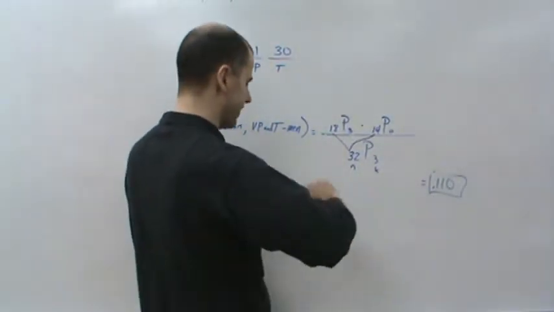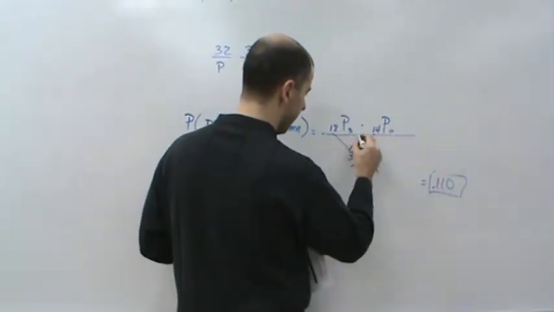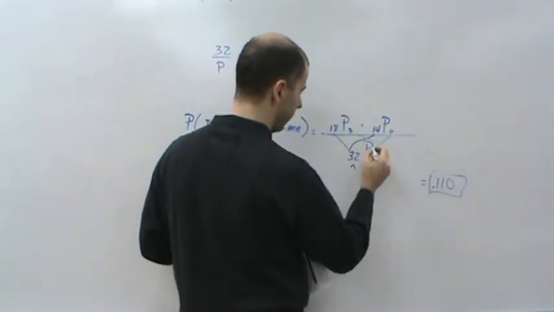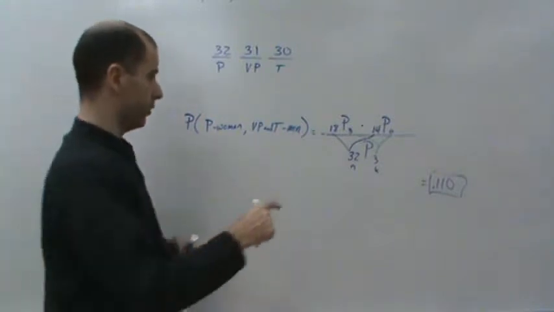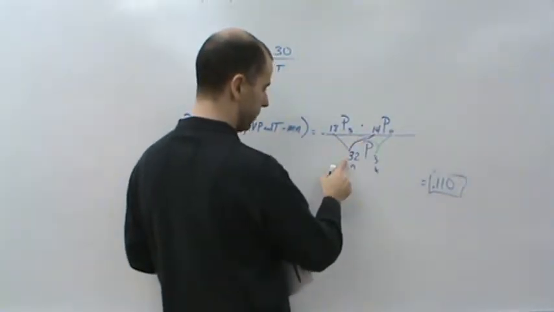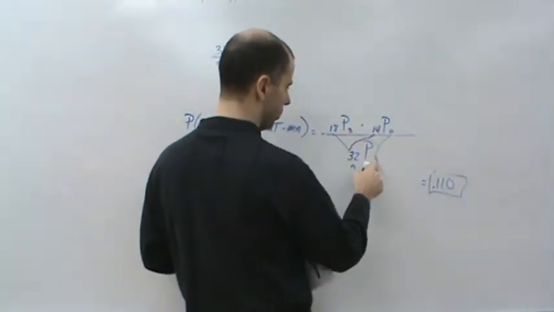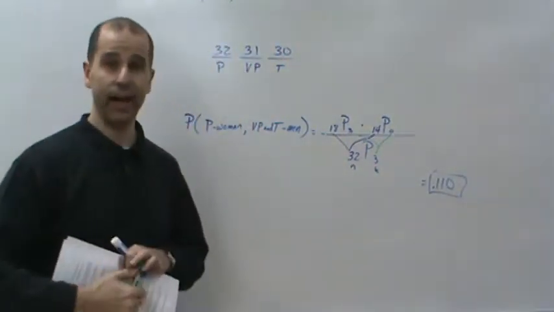And the 2 k's on top, this k and this k, should always add up to the k in the bottom. So 18 and 14 add up to 32, 3 and 0 add up to 3. That's why I included it.